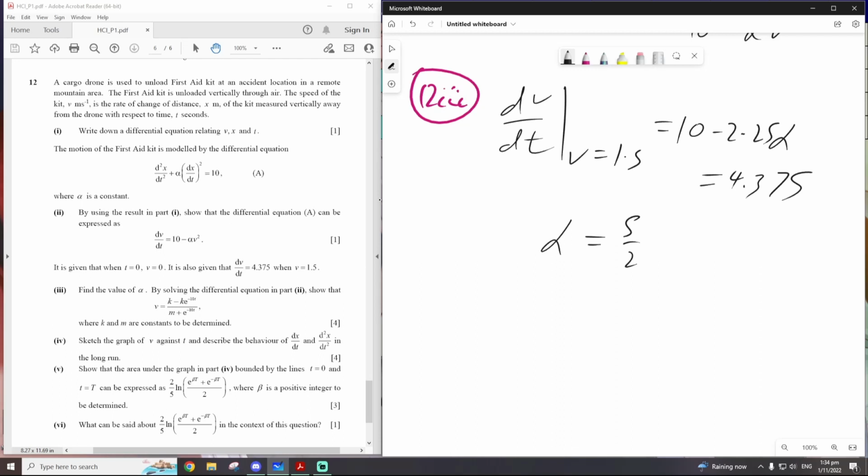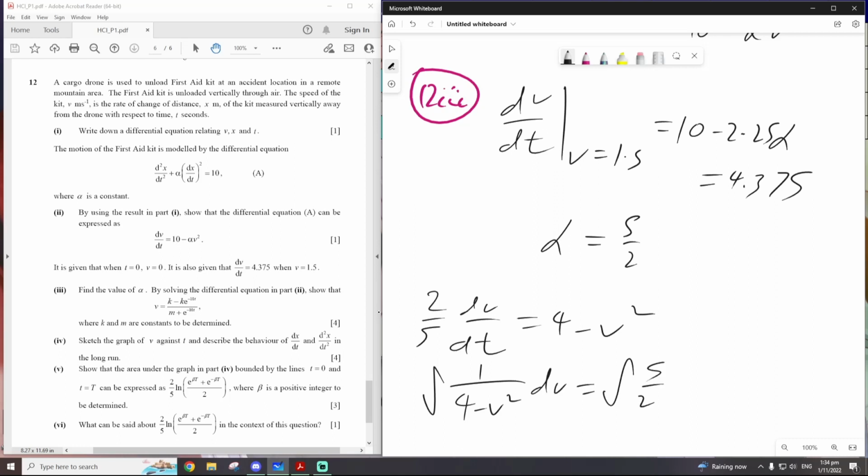Okay. So it is now time for us to solve this differential equation, and we will rewrite it. So notice that 10 is 4 times 5/2. So I shall write it as 2/5 dv dt equals 4 minus v squared. So we can obtain the integral of 1 over 4 minus v squared dv equals the integral of 5/2 dt.